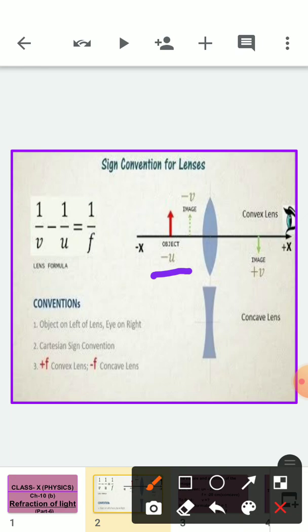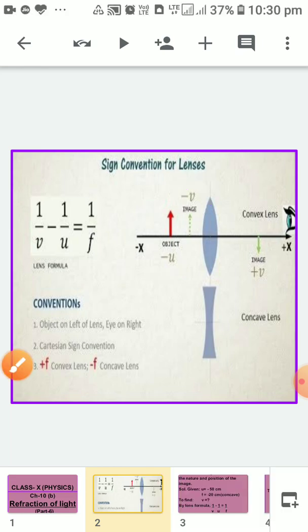The second case is for image distance. Image distance will be negative when the image is virtual.